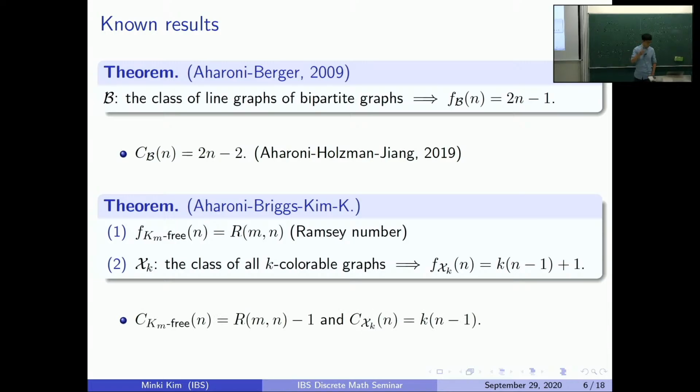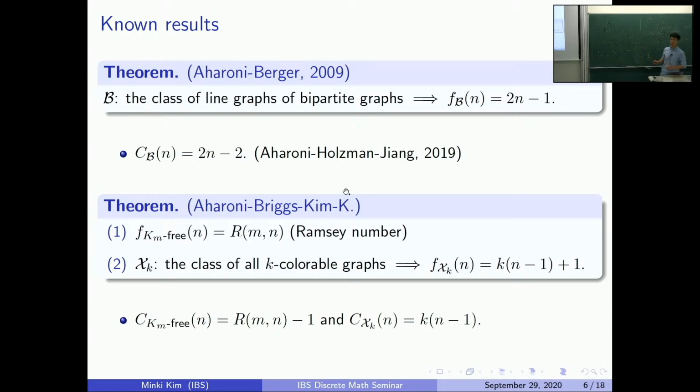It's easy to see the corresponding results for collapsibility numbers: for K_m-free graphs, Cn equals R(m,n) minus 1, and for k-collapsible graphs, Cn equals k times (n minus 1).